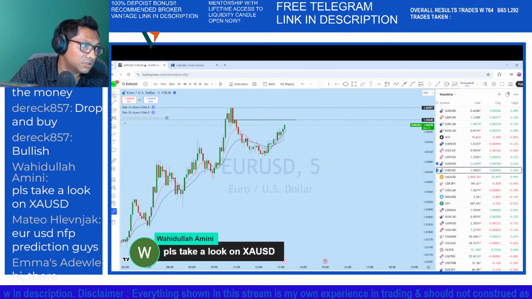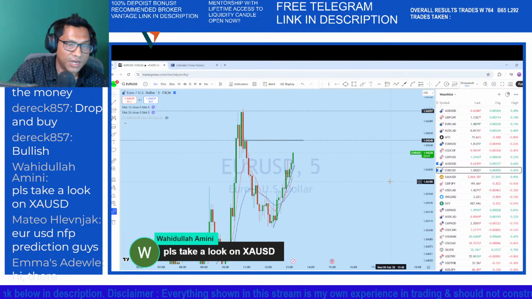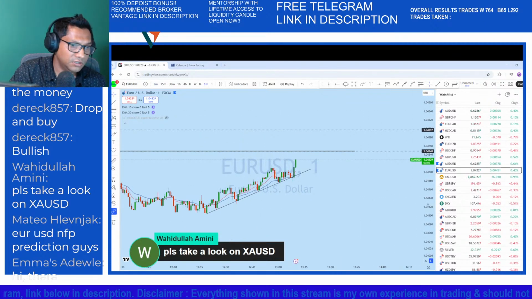Euro dollar is trending, in an uptrend, but actually USD is not in a very good trend, and we'll be waiting to see.